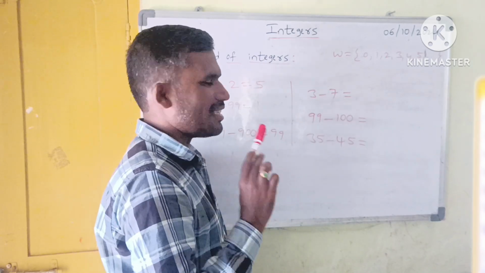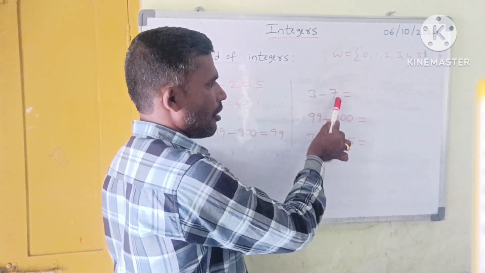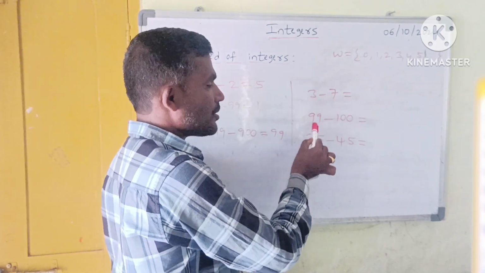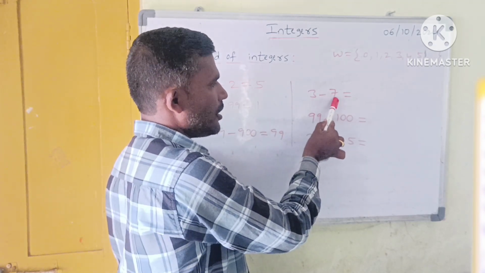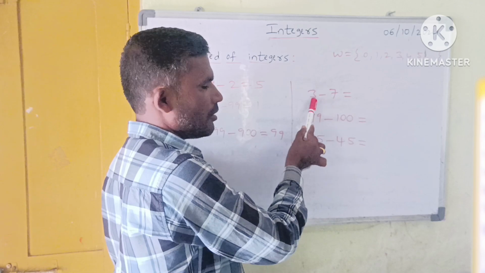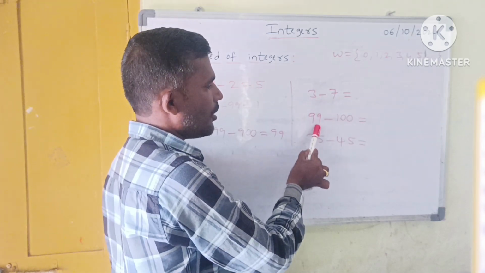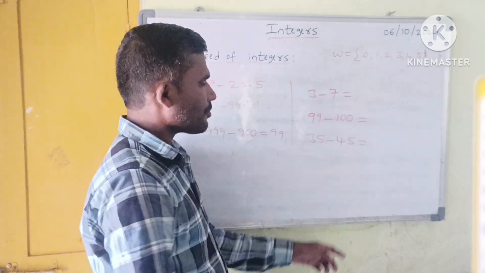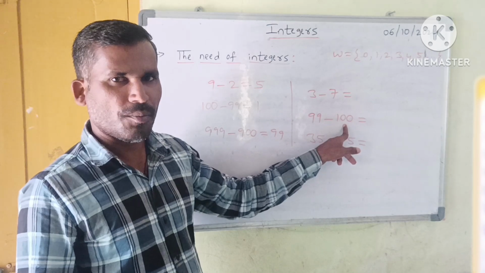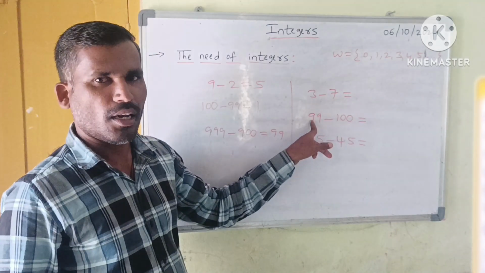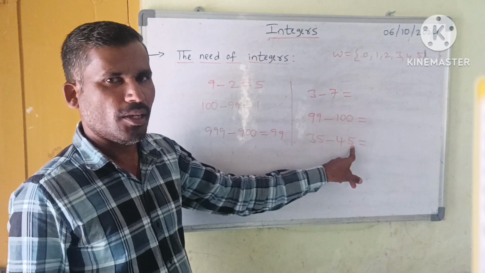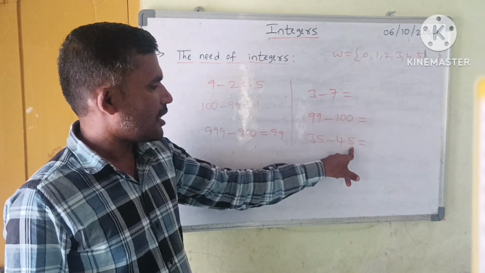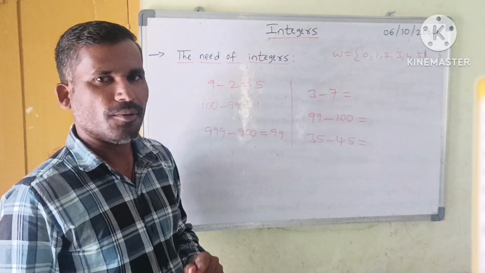But the small difference is that we subtracted the larger number from the smaller number. In 3 minus 7, 7 is bigger than 3. In 99 minus 100, 100 is bigger than 99. In 35 minus 45, 45 is bigger than 35.